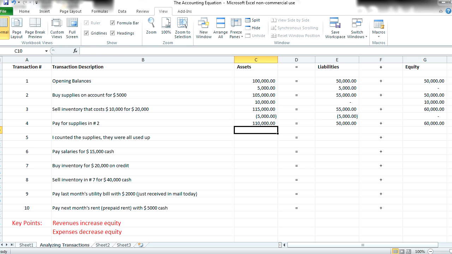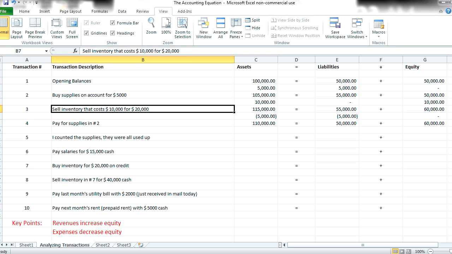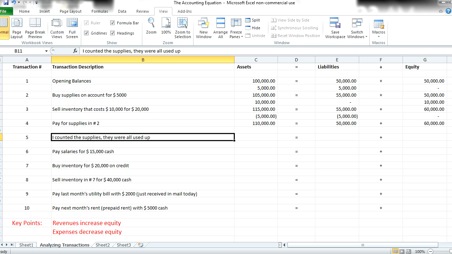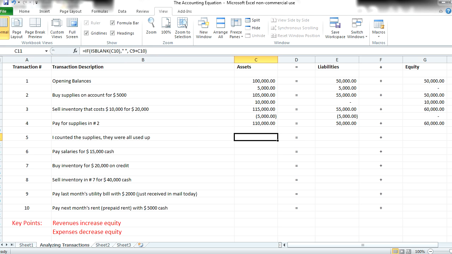In number 5, I've counted the supplies that I purchased in transaction number 2, and I've determined that they've all been used up. We don't have these supplies anymore because they were used by the office. So when we use up assets, we have to record an expense. And we're going to start out by decreasing our assets by $5,000.